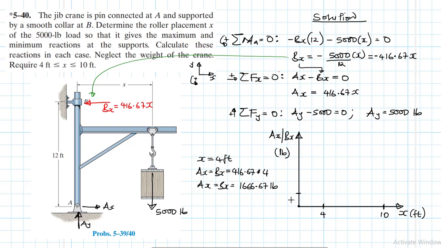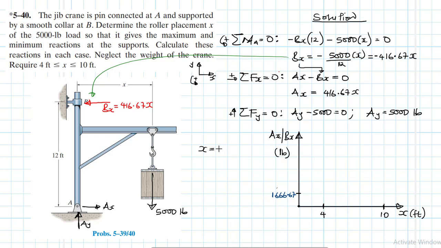So we can indicate it here: 166.67. That's the value when x is equal to 4.